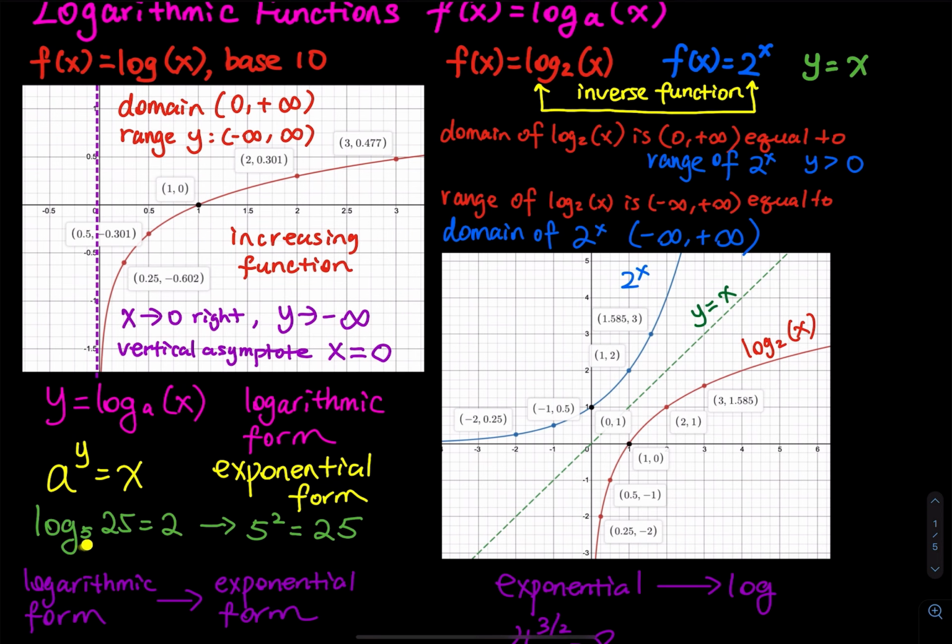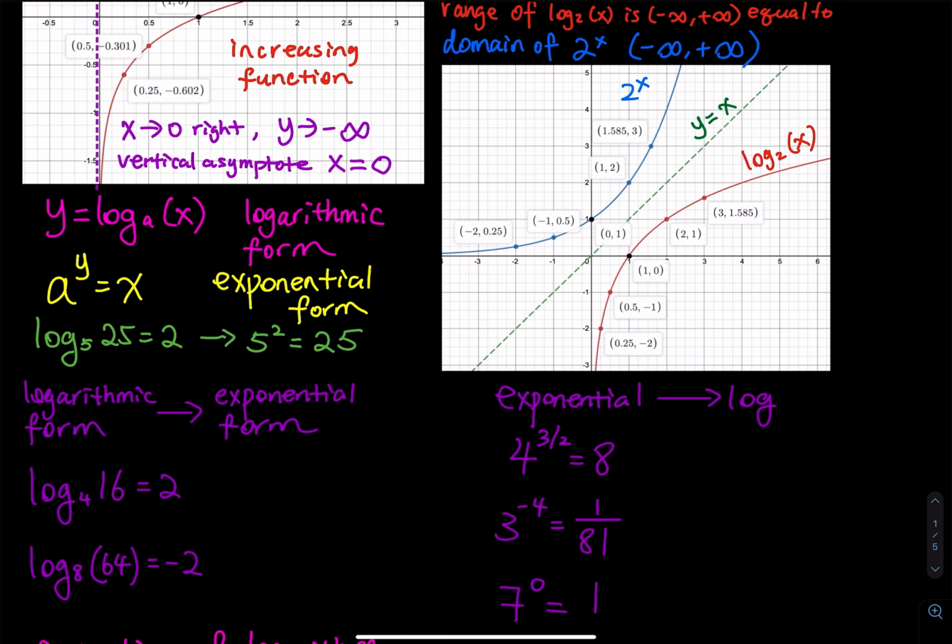Because base 5 raised to the second power. So here is the process: you write a base 5 right here, raised to the second power equals 25. So 5 squared equals 25 is called exponential form, and then the log is called logarithmic form. So you should be able to go back and forth between logarithmic and exponential form.